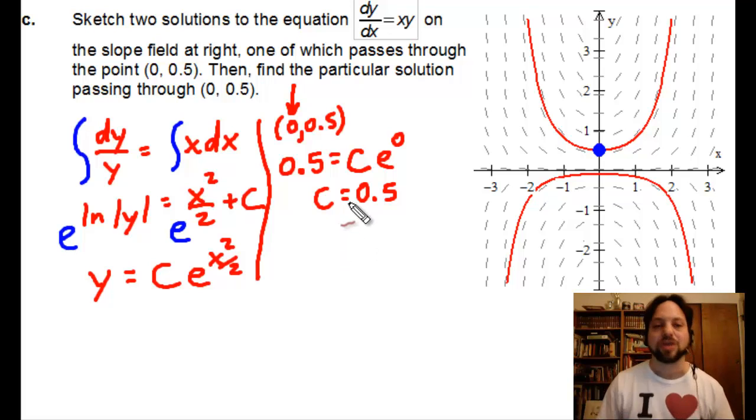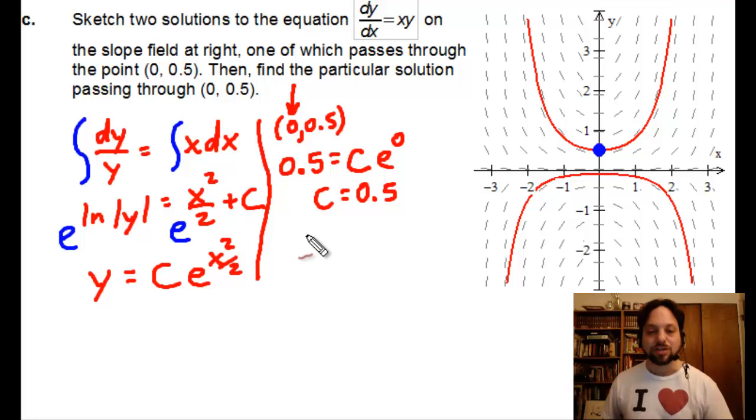It's interesting to note here that when dealing with these equations, it's not the plus c that we can change and make the thing go up or down. It actually becomes a multiplier that we have to vary. So our particular solution for this differential equation will be y equals 0.5 e to the x squared over 2.